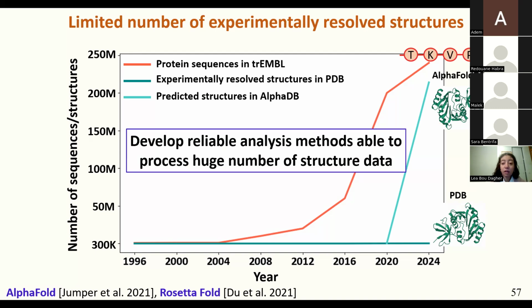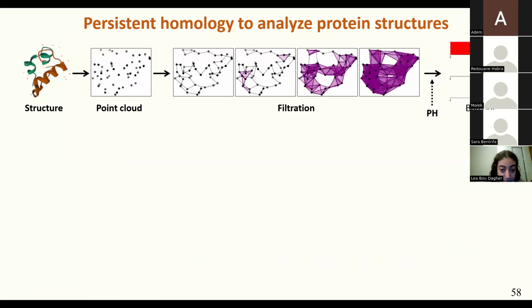To analyze this amount of structures, we have to apply methods that are easy to manipulate, that can process this huge amount of data, and that can extract topological and geometric features of this data. This is why I was interested in applying topological data analysis on protein structures. In particular, I was interested in applying persistent homology on 3D structures of proteins.